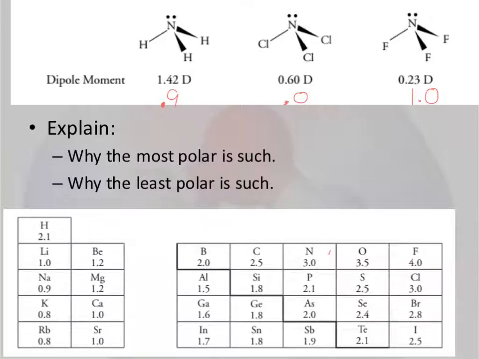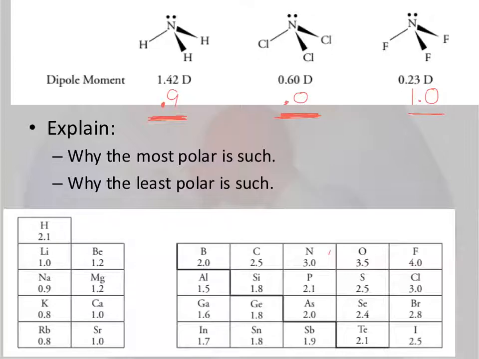Because this one has the biggest difference, yet it's the most polar, but this one has no difference between the two atoms, and it's got medium polarity. And then this one has a slightly smaller difference than the least polar one. So this data is not giving us enough of the story.